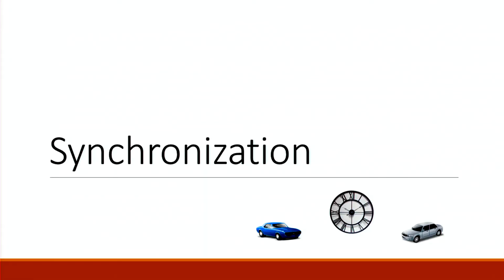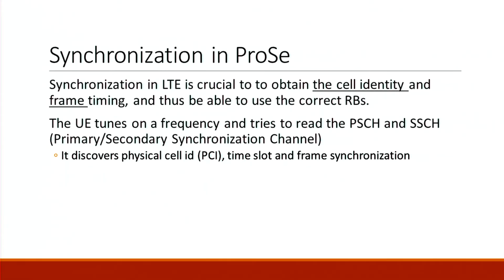But when you have out of coverage communication, that may not be so easy. So synchronization is done normally in LTE by the UE tuning to a set frequency that is valid for all LTE cells, where you find the so-called primary and secondary synchronization channel that provide the synchronization.